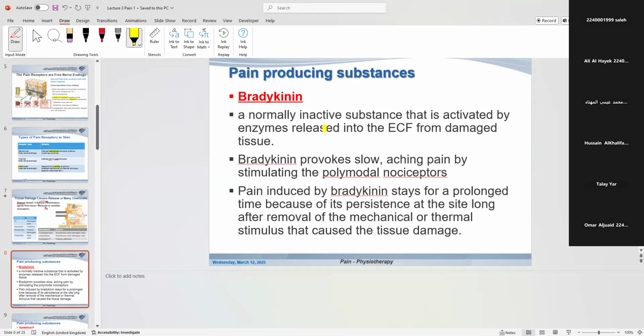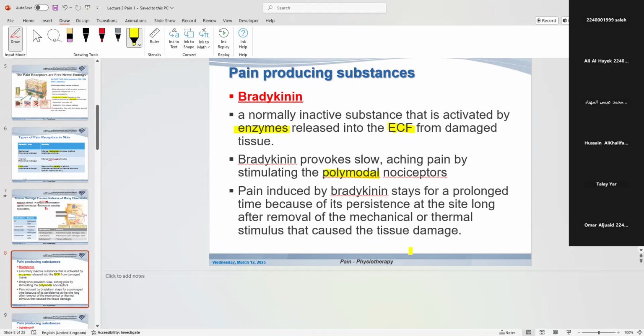Now, this bradykinin is responsible for a slow aching pain that you can feel when polymodal nociceptors are stimulated. You need to remember that bradykinin is the one which most commonly activates the polymodal nociceptors.